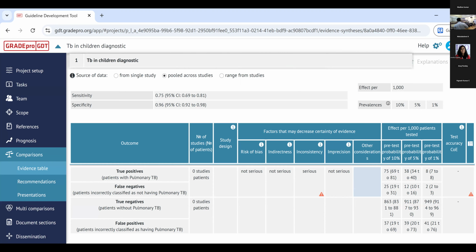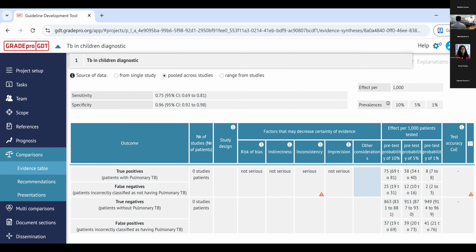Now, the thing to note is that imprecision is the width of the confidence interval of the pooled estimate. Because we looked at 70 to 80 roughly, it's 0.69 to 0.81.